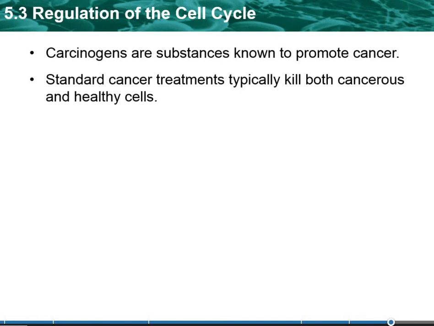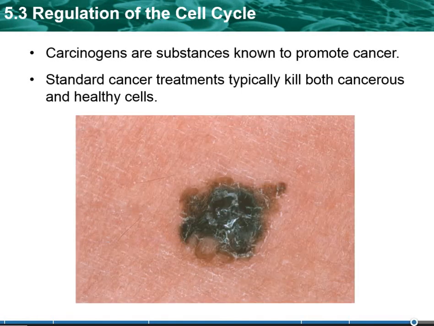Standard cancer treatments typically kill both cancerous and healthy cells. So the main types of cancer treatment, usually the first thing that they're going to try to do is surgery. If they can remove the tumor, they're going to try to remove it and remove all that they can with it. Once they get it, they usually then do some other sort of treatment along with it.